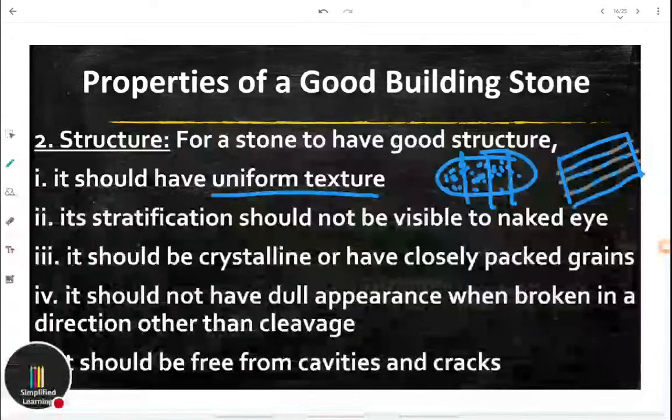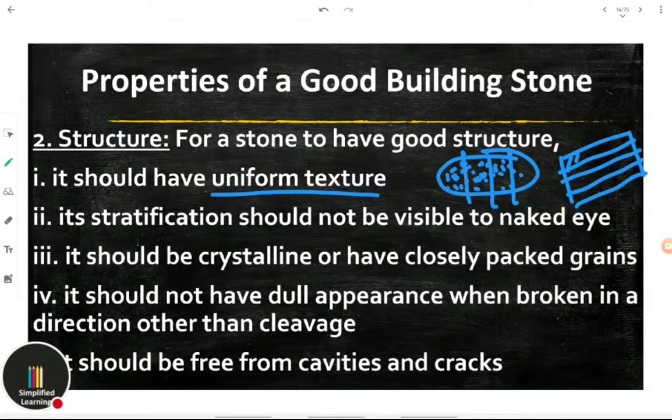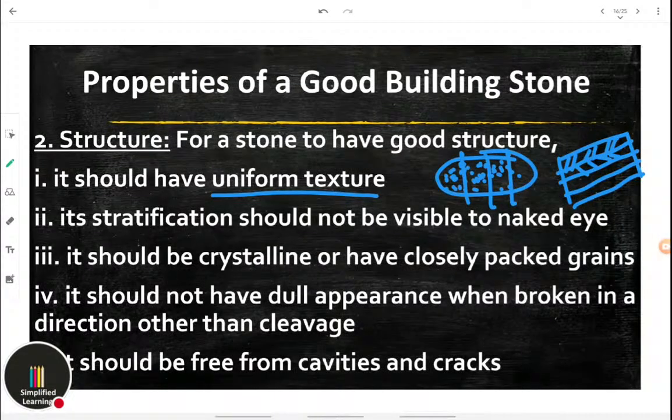Then stratification. When you break open a stone, you should not see differential layers of material in it. When the stone has differential layers of material, the obvious thing that is going to happen is that the stone will break apart along a weak layer. When stratified layers are present inside the rock, it means each layer has differential strength, and in the field the weakest layer is going to break open.